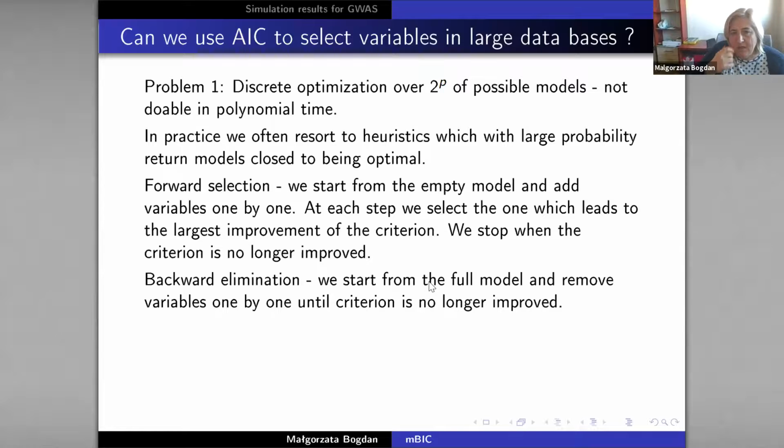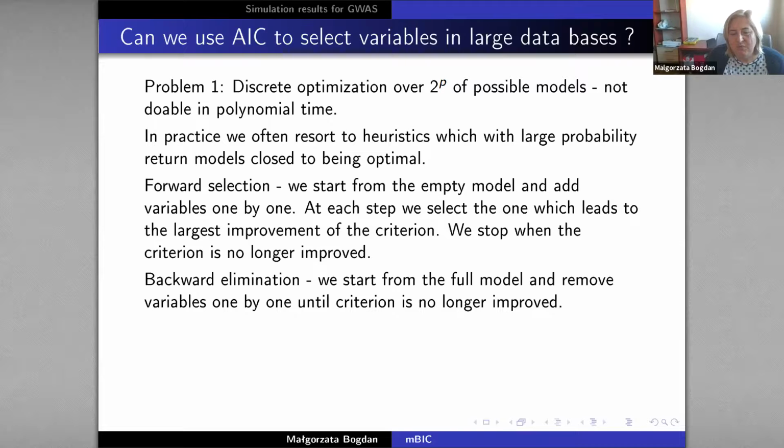So a better method is backward elimination, if you can do it. Backward elimination requires that p is smaller than n, so you can fit the whole regression model. Let's say your p is 50 and n is 2000, so you can do it. Then you eliminate variables one after one, basically those which have the smallest correlation with residuals.